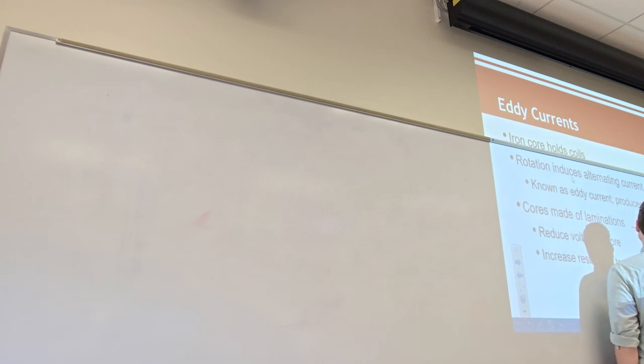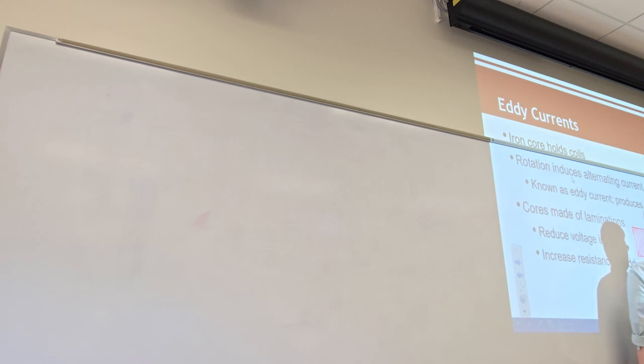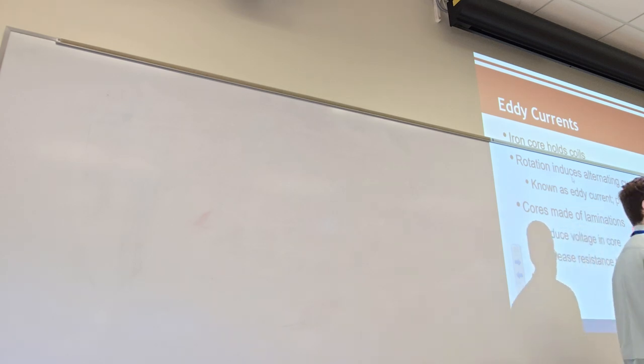If we have a large continuous block of material, okay, where all the sections of the block are touching each other, this is like the worst case scenario for eddy currents because they're just free to kind of do their thing, travel one direction or the other throughout this material. We have huge losses, okay?